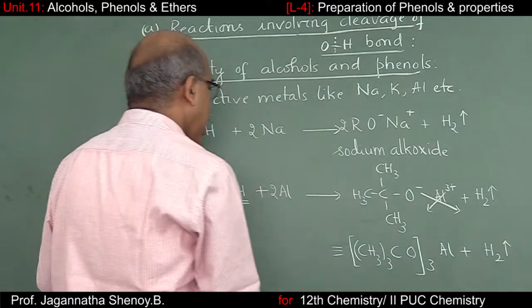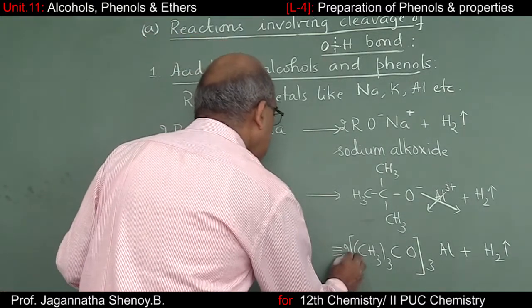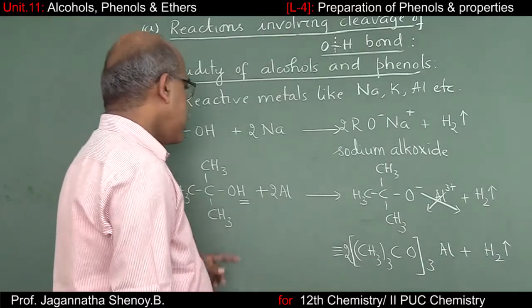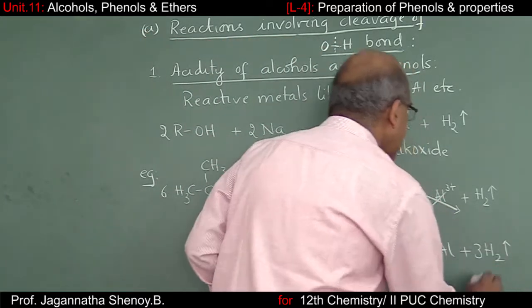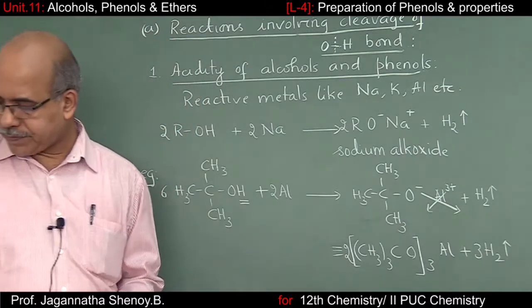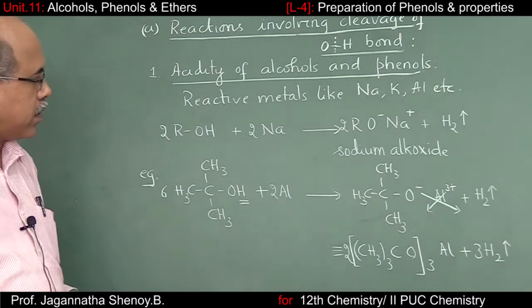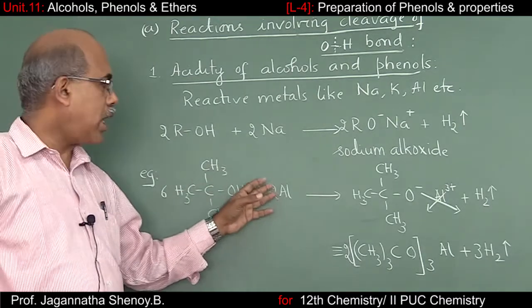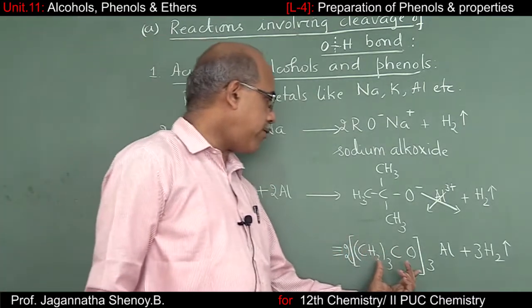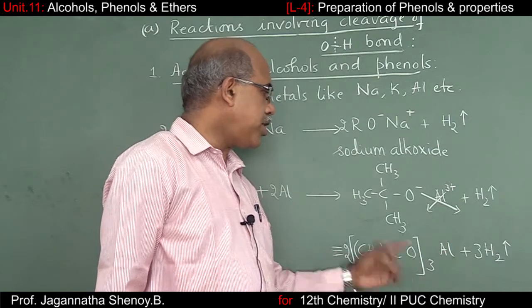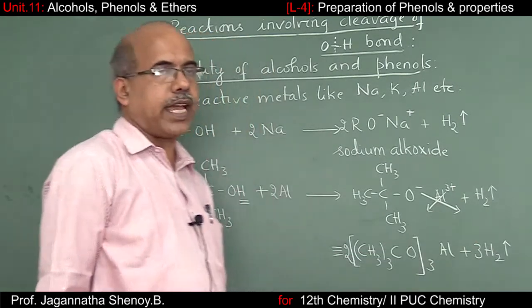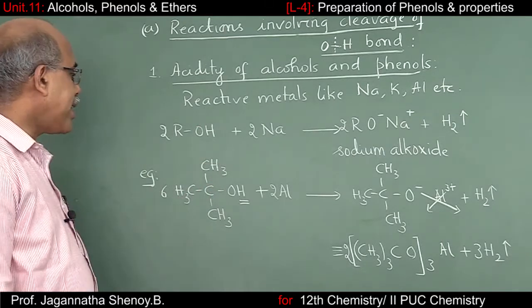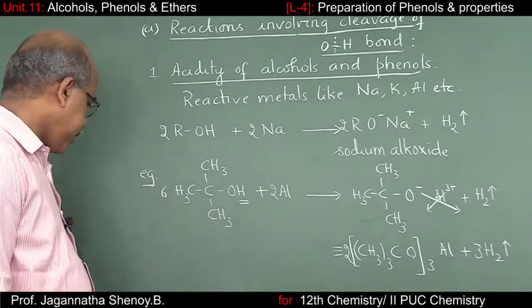As a result, I should have 2 moles of aluminium tertiary butoxide, and we should get 3 moles of hydrogen gas. So this is the reaction between tertiary butyl alcohol and aluminium. What is the product formed? It is called aluminium tertiary butoxide and hydrogen gas. So this reaction clearly indicates the acidic nature of alcohol.